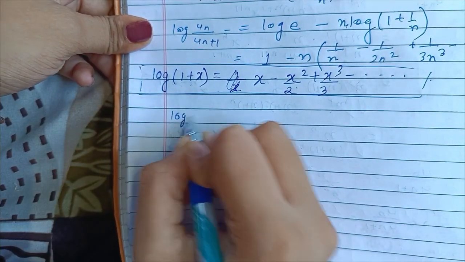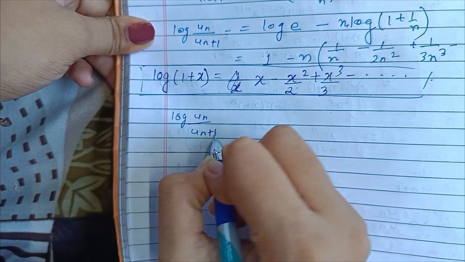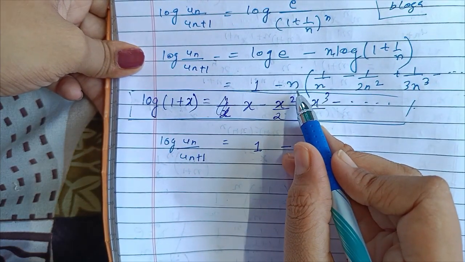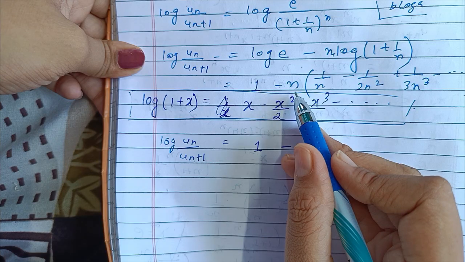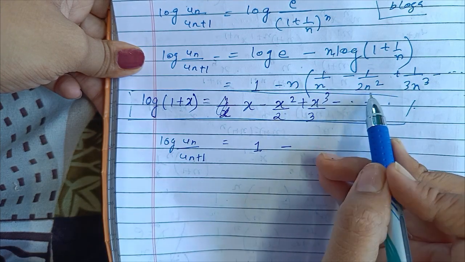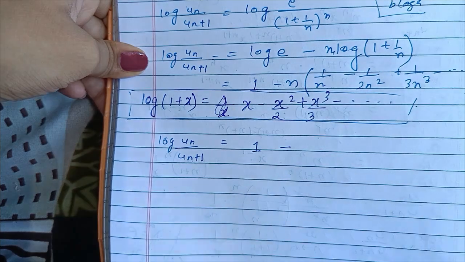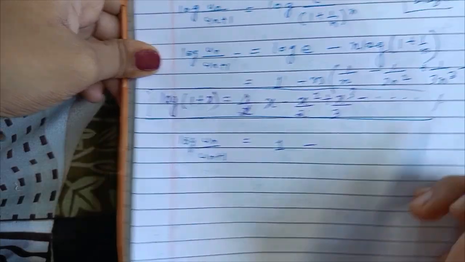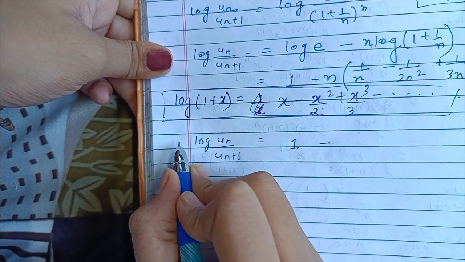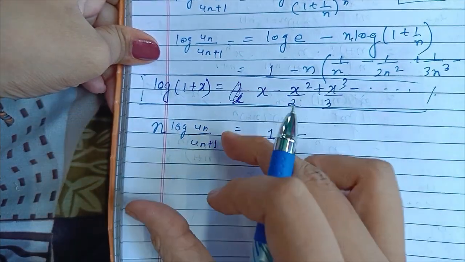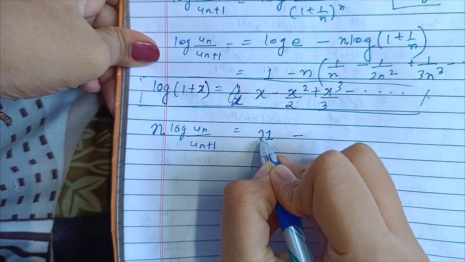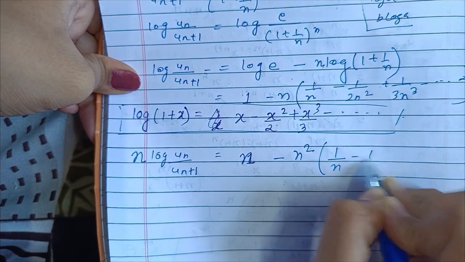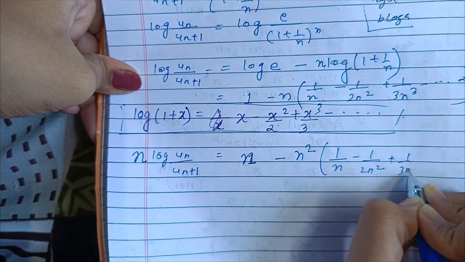Now what we have, log un by un plus 1, we have here 1 minus n times 1 upon n, minus 1 upon 2n square, plus 1 upon 3n cube. Now if you look at the format of the logarithmic test, we have n here. So if I put n here, I have to put n on the RHS side, so this will become n square, and then I have 1 upon n minus 1 upon 2n square plus 1 upon 3n cube.